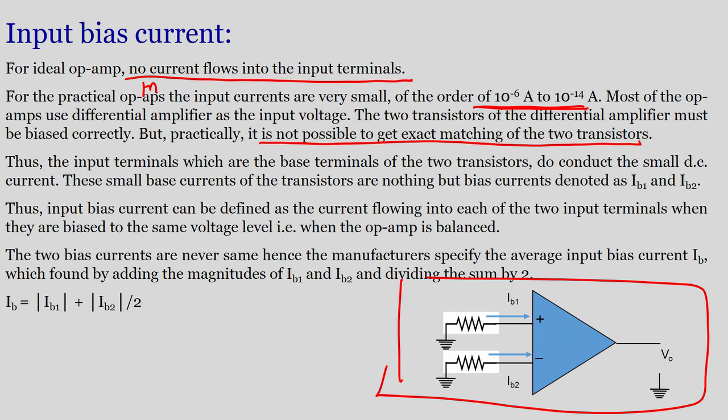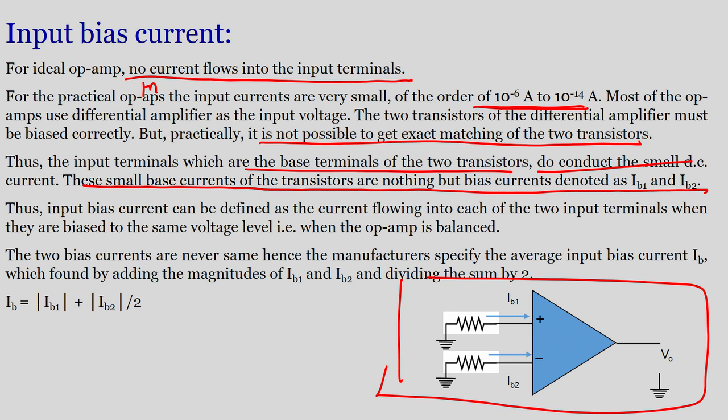We cannot do anything regarding the matching of the two transistors, but there is another solution. The input terminals, which are the base terminals of the two transistors, draw a small DC current. These small base currents of the transistors are nothing but the bias currents IB1 and IB2.